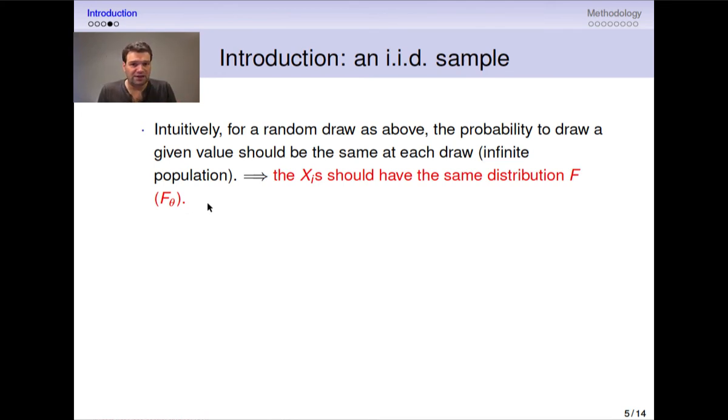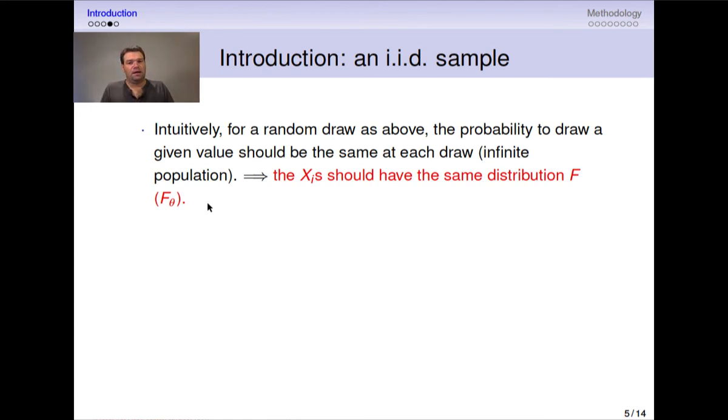Because in this case, with a finite population, you understand that it's immediately more complicated. If you want to have the same distribution for each draw, the same probability to pick up a woman at each draw, you should sample with replacement. After the first draw, when you have a woman, I put her back in the population, in my population of size 1,000.